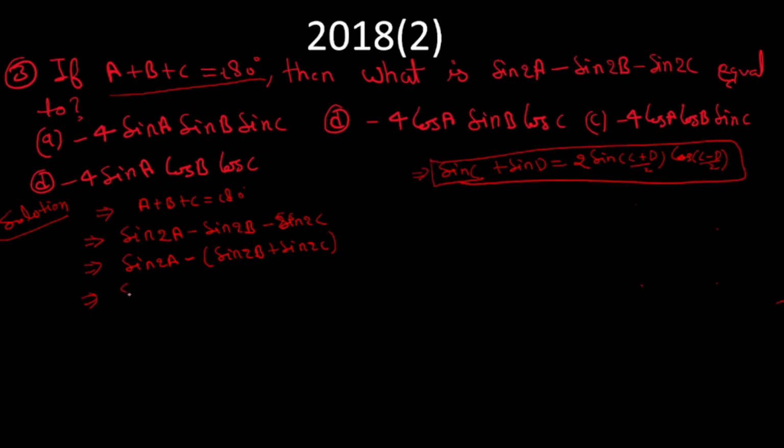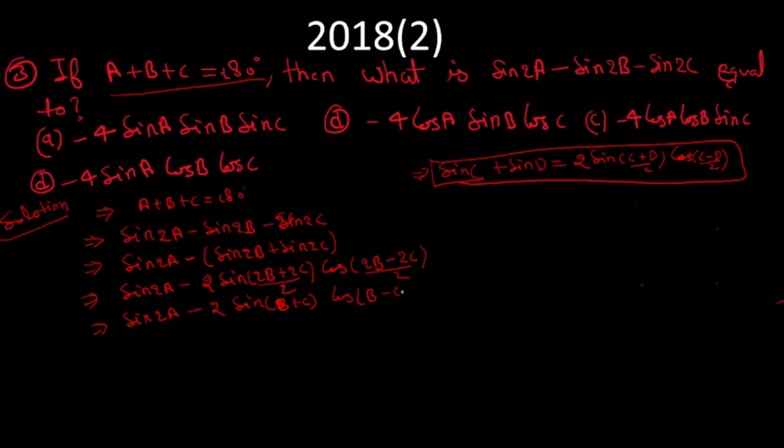Okay, so when I apply that formula here, we get 2, here c is 2b, so (2b plus 2c) upon 2. Here we get cos of (2b minus 2c) by 2. So we get sine 2a minus 2 sine (b plus c) and here cos (b minus c).